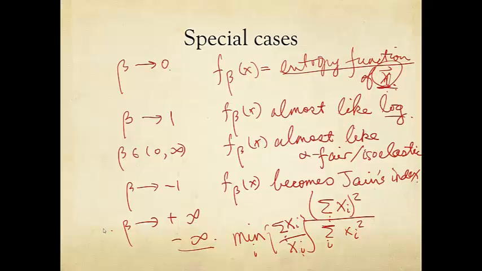Okay, so there are a lot of special cases. There are also interesting special cases where we don't have a name for it. For example, in the range of beta from minus infinity to minus 1, actually there is no known name. So maybe we can name it after ourselves now.